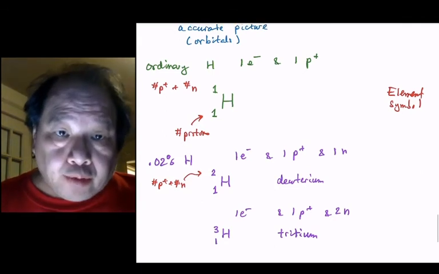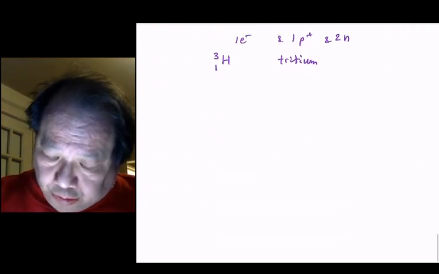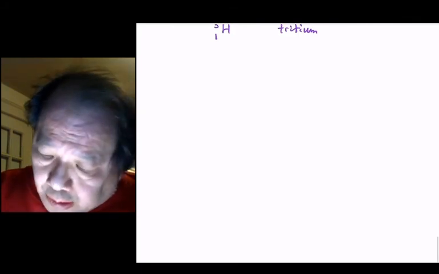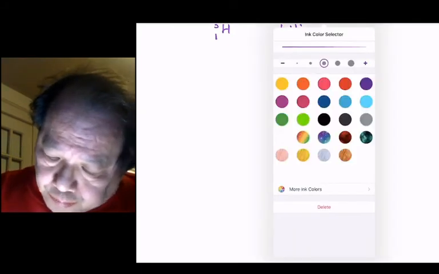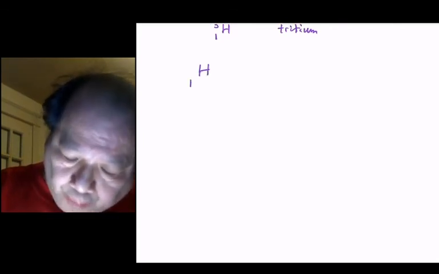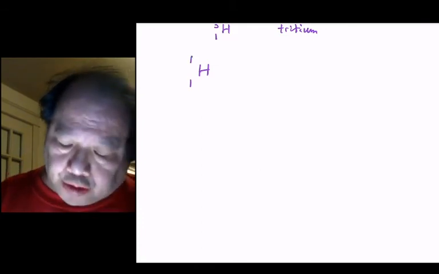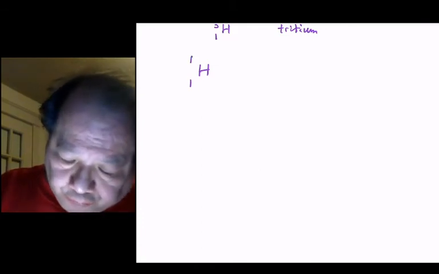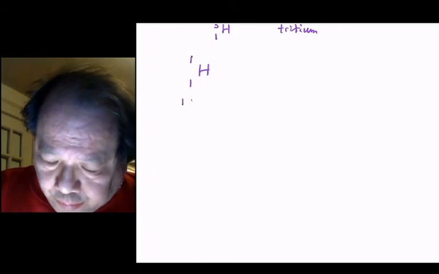Let me tell you about one more corner. So here's my regular hydrogen. It's got 1 proton, and it's made up of 1 proton plus 1 electron.